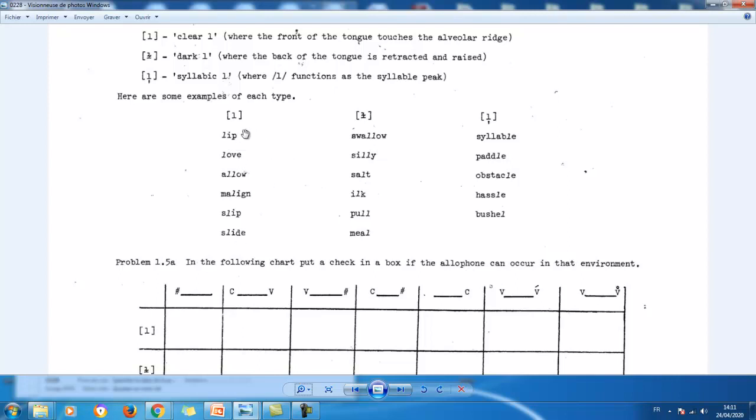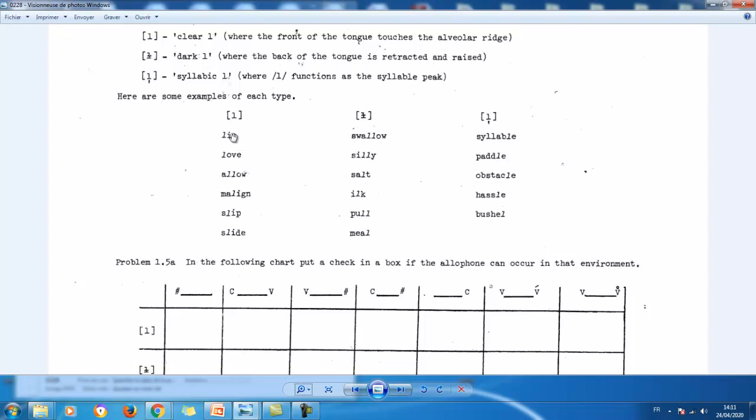Now among these words here, which realization are we going to identify of the phoneme L? Which means in which word is L clear or dark or syllabic?